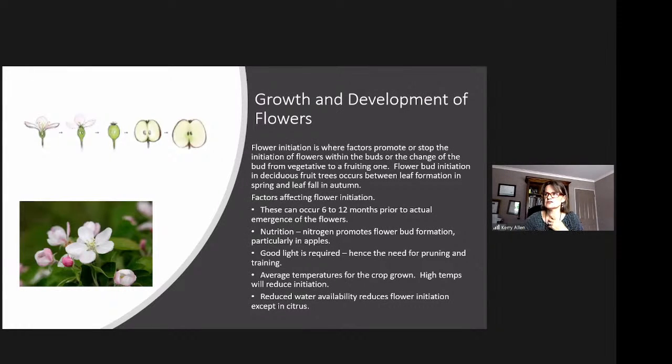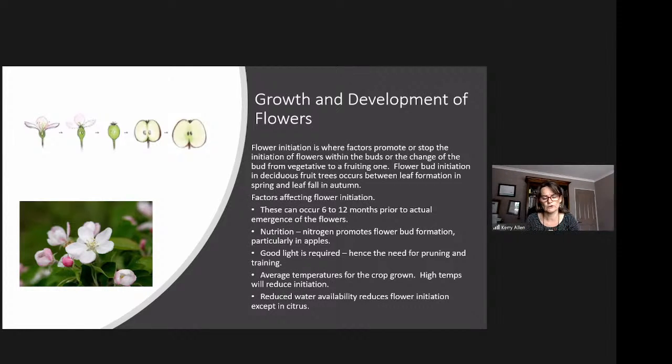Flower initiation, so usually this is to do with how much chill requirements or heat requirements it needs, once again depending on the crop. These need to occur, and they usually occur well in advance of the actual emergence of the flowers. So this can be between 6 and 12 months prior to that emergence of those flowers.